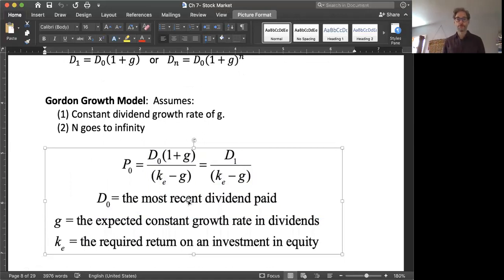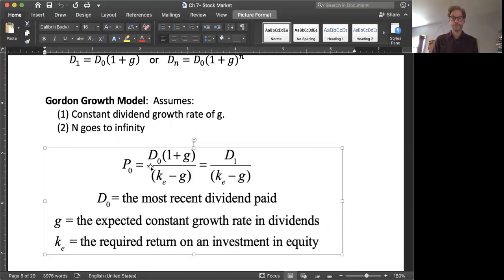So the Gordon growth model, once again, just makes 2 assumptions: that dividends are going to grow at a constant rate G, and that you hold the stock forever. If you make those 2 assumptions, believe it or not, it simplifies down to a very simple formula for what the current price should be.